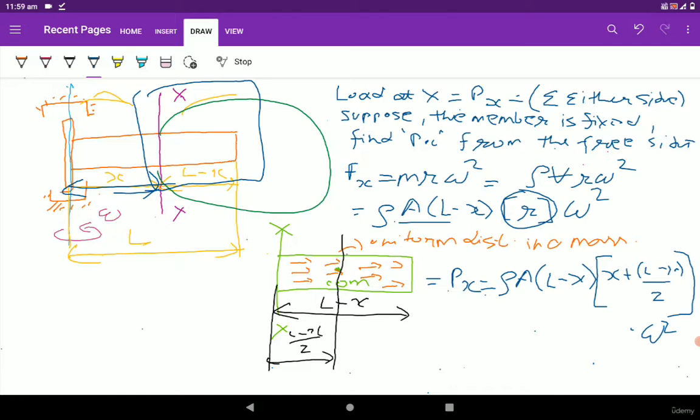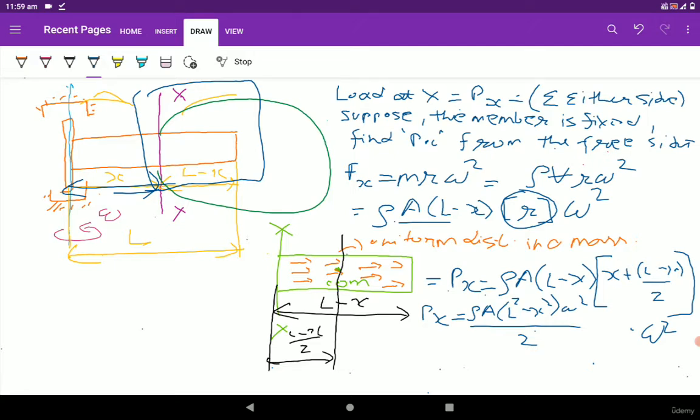After more simplification we get Px equal to rho A (L square minus x square) omega square by 2.